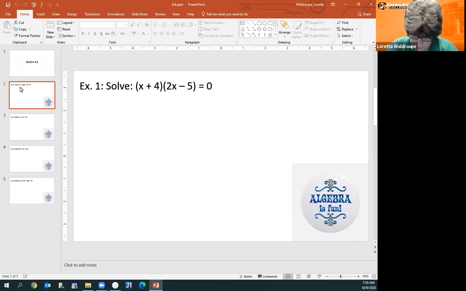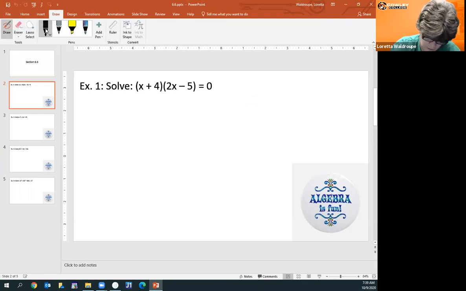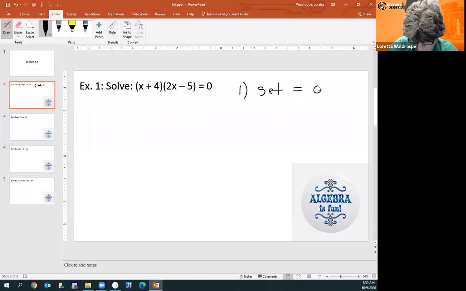When you're solving an equation like this, first, you're going to set it equal to 0, which in this case is already done for you. Then you're going to factor.